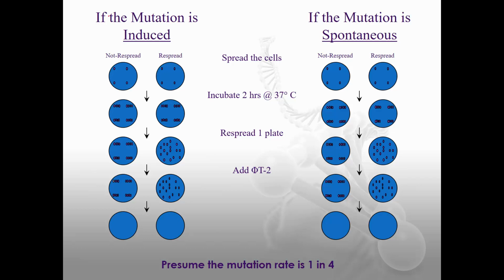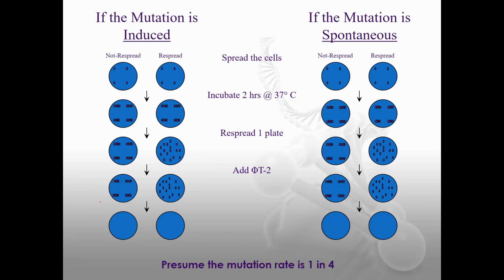If the mutation is caused by T2, if it is induced, then it is the addition of T2 that causes the mutation. And so now you will begin to see mutants over here. If the mutation rate is 1 in 4, then out of every 4 cells, you get a mutant.